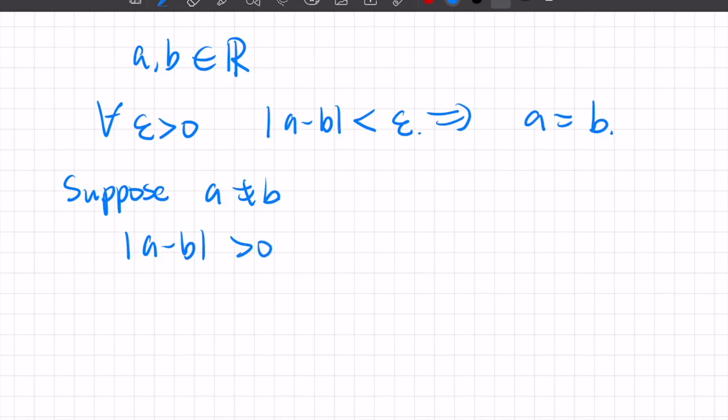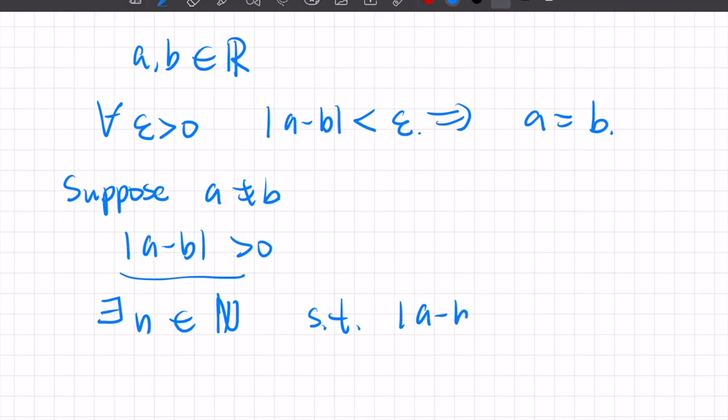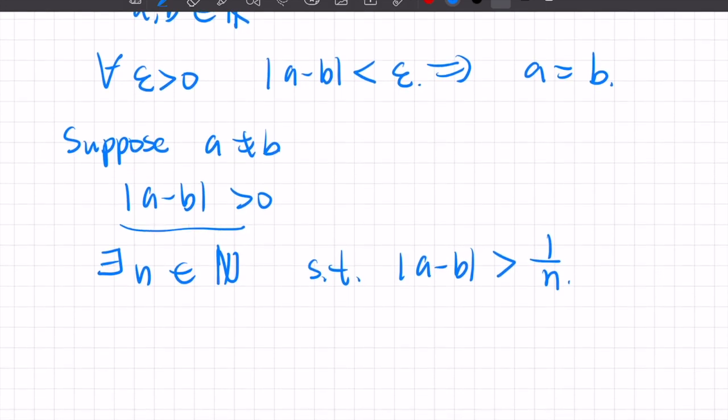So this must be a positive real number. So we can find some natural number n such that |a minus b| is greater than 1 over n. But this 1 over n is also a positive real number.